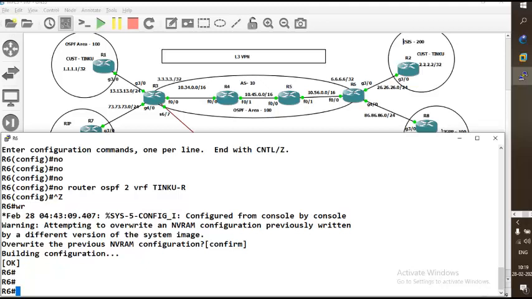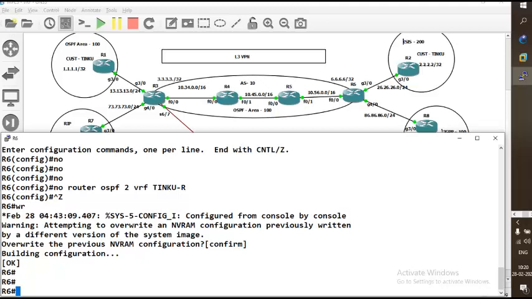Once the update message is shared between them, they get an acknowledgement saying that I received your update. Once that is also over, they reach the established state. That's all. They are neighbors now.